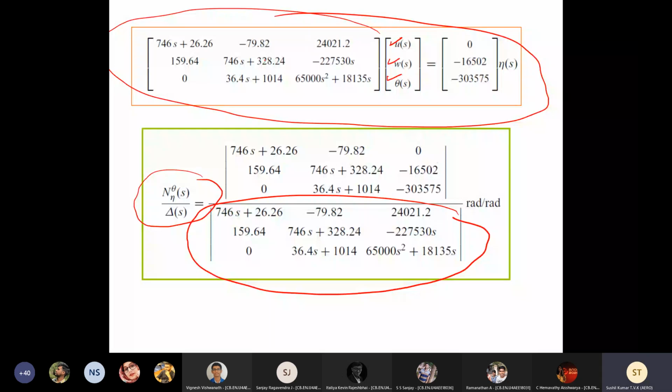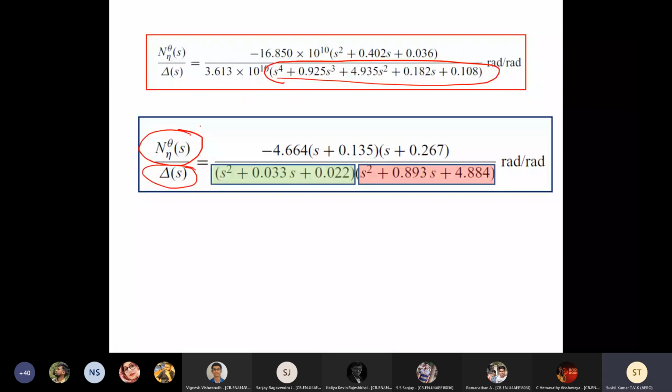Now, looking at the transfer function, can someone quickly work out for this green color box what is the zeta and natural frequency, and for the red color box, what is the zeta and natural frequency.